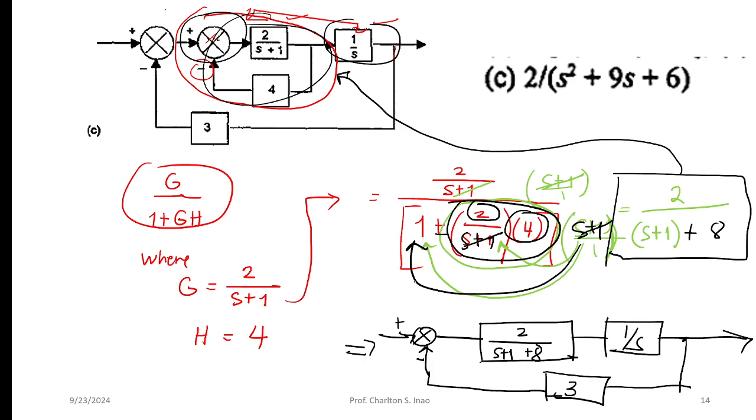Okay, so these two are arranged in what? In series. So if they are arranged in series, we have to just get the product, or multiply. So we're gonna multiply this and then execute the standard form for the feedback simplification.